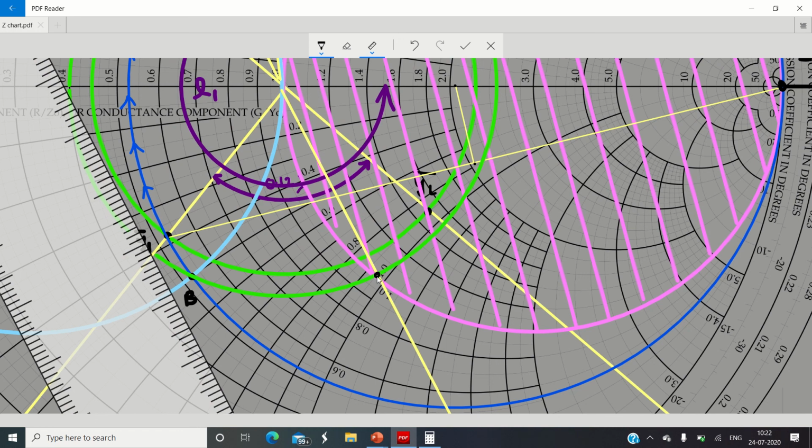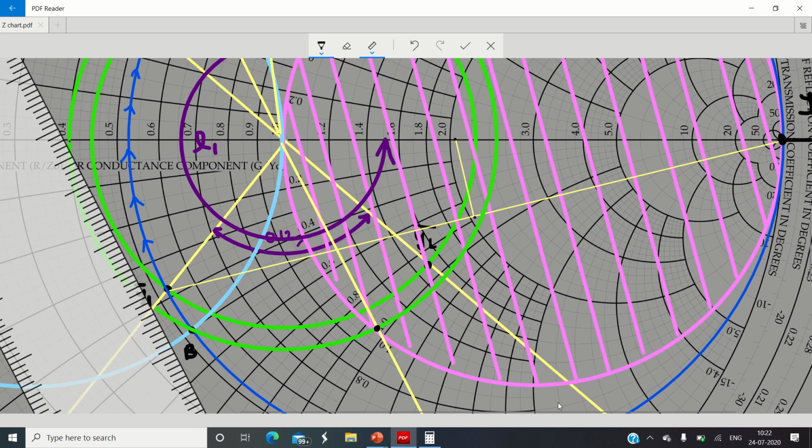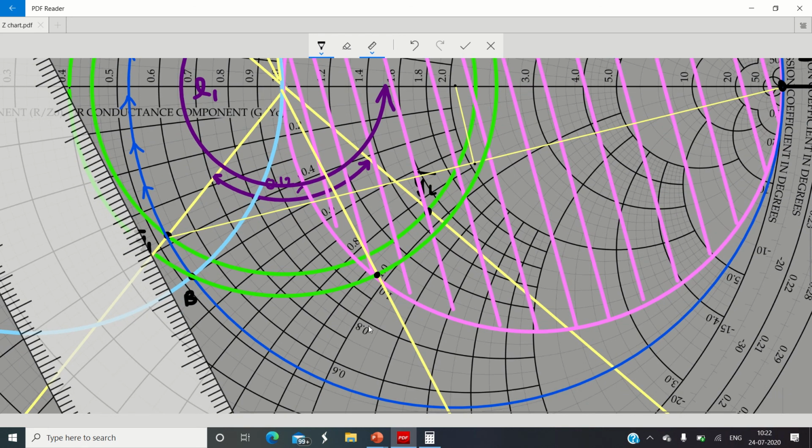You will find that this particular point is exactly located on the unit conductance circle, on the exact boundary of the forbidden region, but still outside of it. This point we call the position of our second stub, and I will denote it by y2 bar.